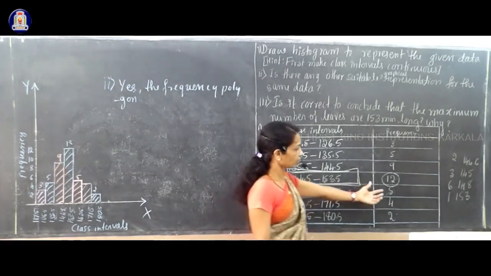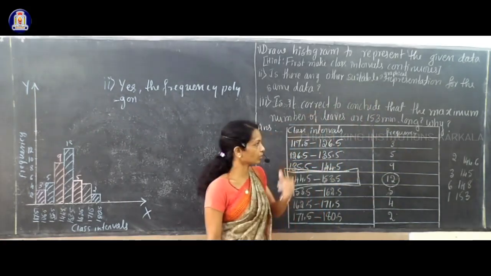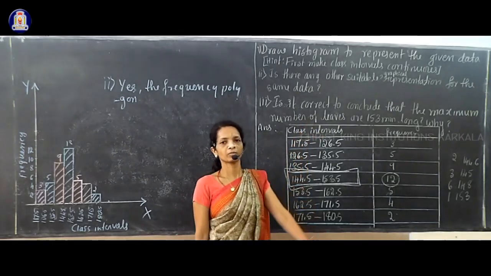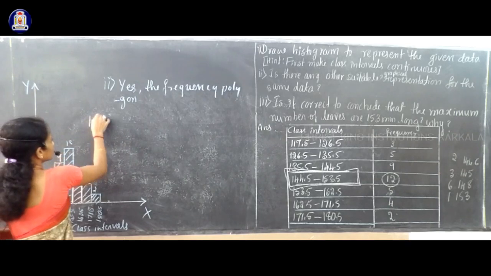So it is wrong to say that the maximum number of leaves are 153 millimeter long. So that is the reason. And third one.